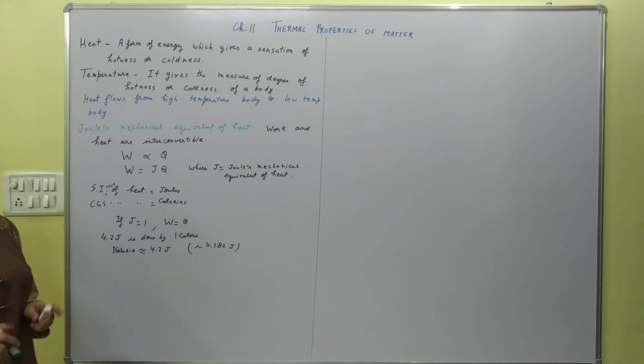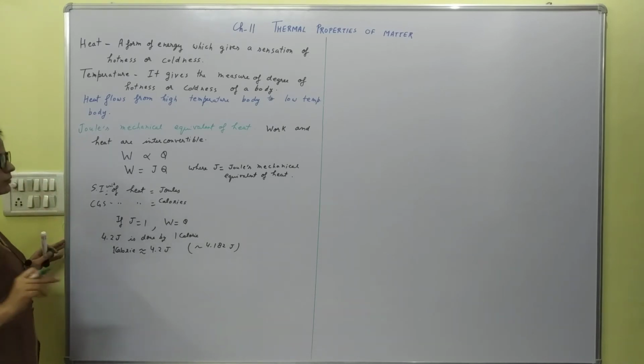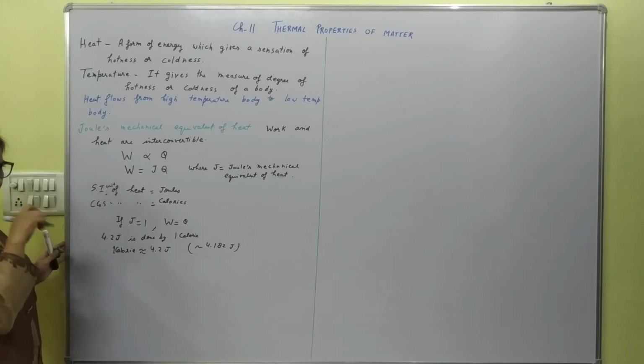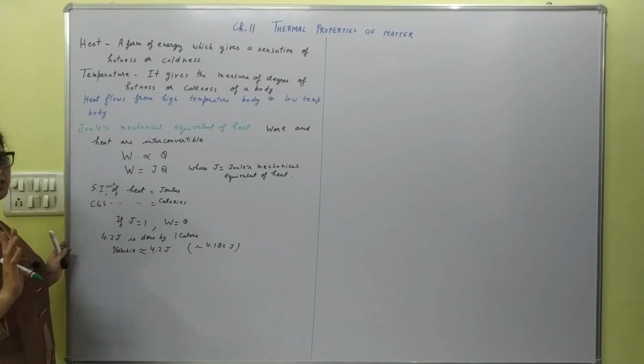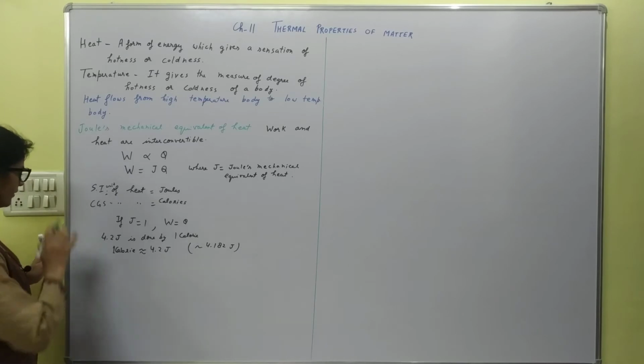Now we have to discuss the instrument which is used to measure temperature, right? So that is thermometer. In a thermometer we have different temperature scales. We have 4 types of temperature scales which we have to discuss here.